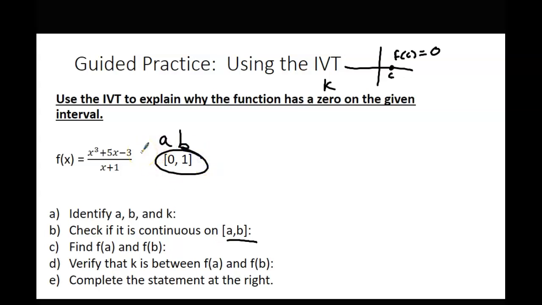Is -1 on that interval from 0 to 1? So my function's continuous from 0 to 1. Now, if I wanted you to use the IVT on a different interval, you would stop and say, oh, we can't use the IVT there. There's a hole somewhere in this function, and I can't be sure that k value is going to exist. But in this case, since we're going from 0 to 1 and the discontinuity is at -1, we're going to say, yay, we can do the IVT.